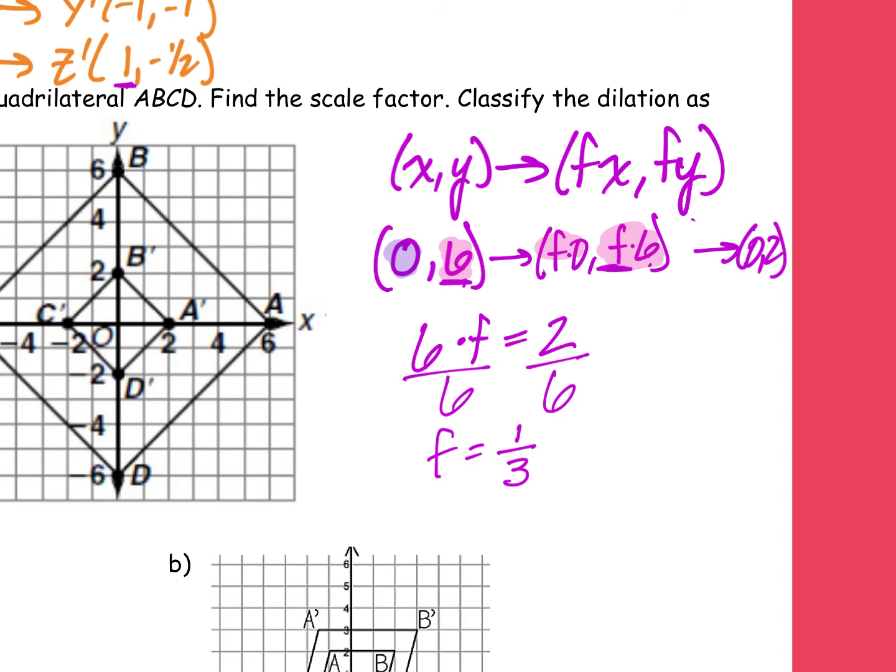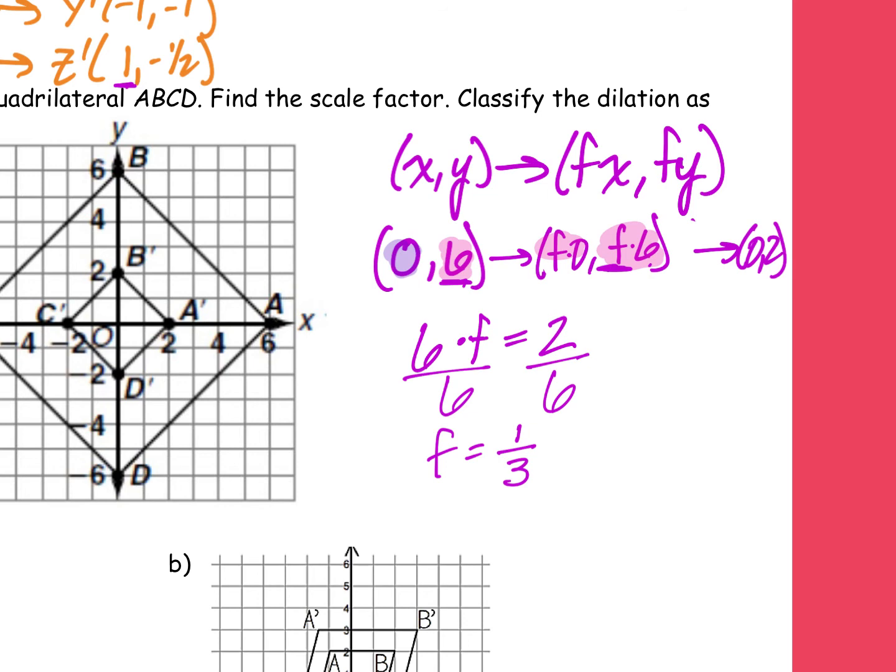If the number on top is smaller than the number on bottom, I'm going to get a fraction. If the number on top is bigger, I will usually get a whole number. So if it was 6 divided by 2, my answer would be 3, because I have 3 2s in there, right? I have 6, and there's 3 sets of 2. But in 2, I don't have 3 sets of 6. Does that make sense? Okay.